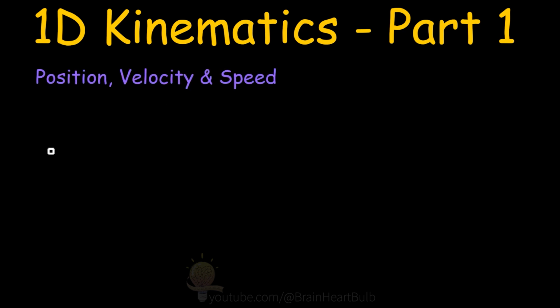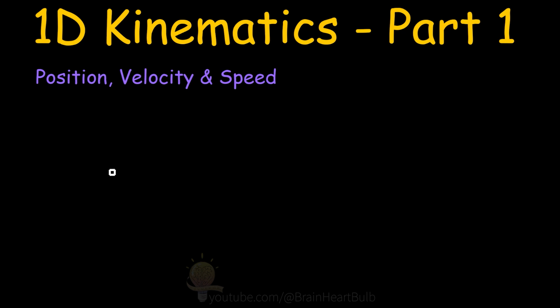So in part one of this lesson, we're going to look at three important quantities in kinematics. That is position, velocity, and speed. Now, in one-dimensional kinematics, a particle's position is the location of a particle with respect to a chosen reference point.